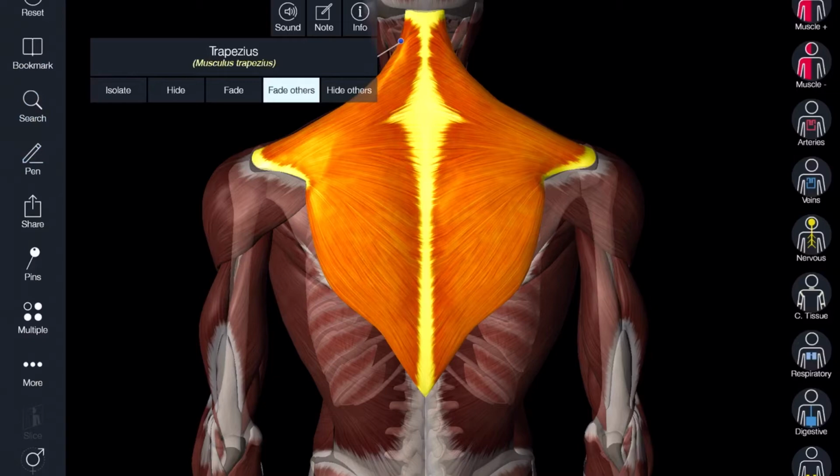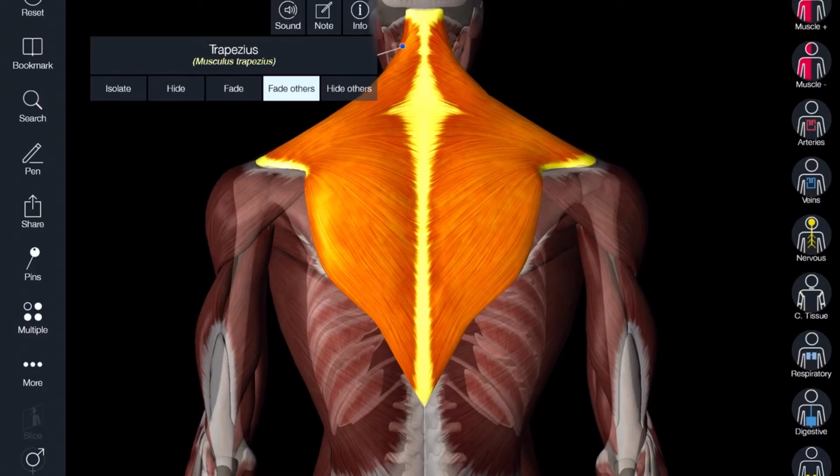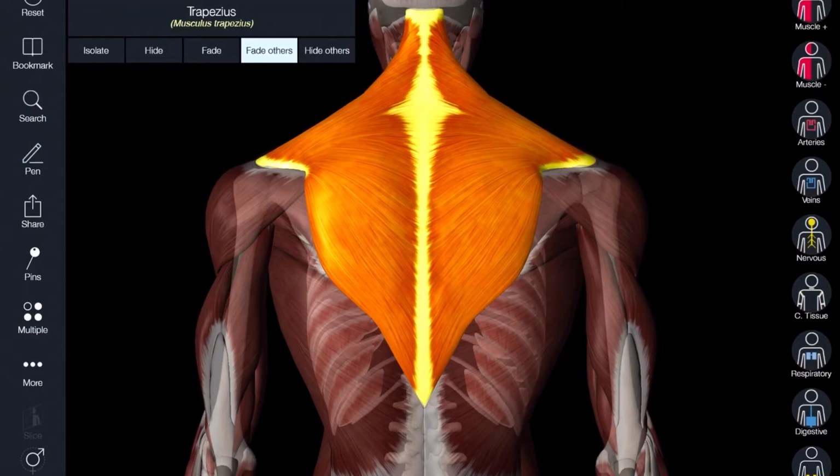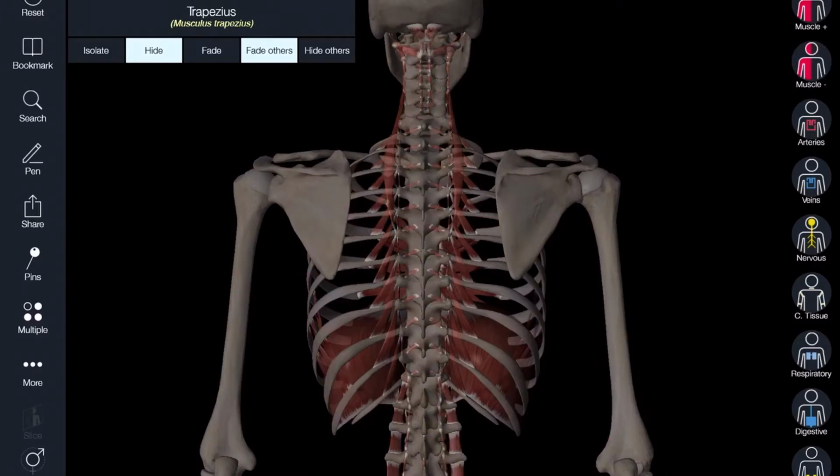All right, so our other attachments for trapezius. So in the book, it lists the external occipital protuberance. What the heck is that? That is part of the occiput that I had mentioned earlier. Let's make these guys go away.